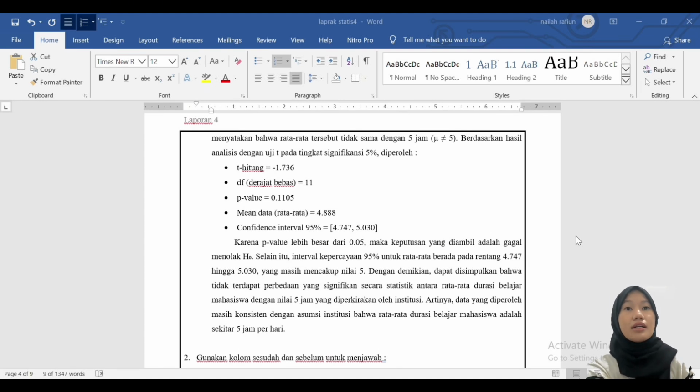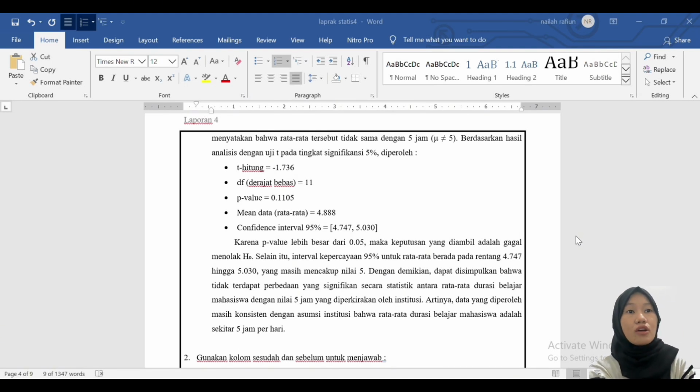In addition, the 95% confidence interval for the mean is in the range of 4.747 to 5.030, which still includes the value of 5.